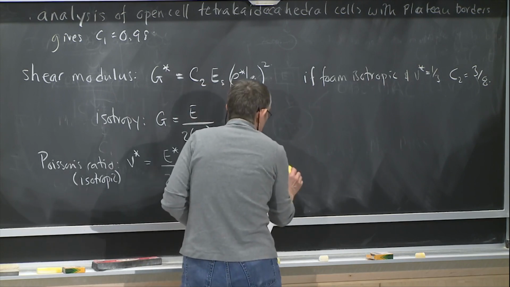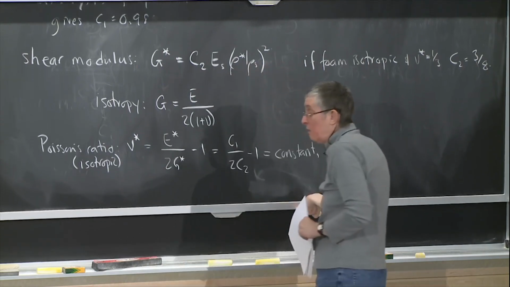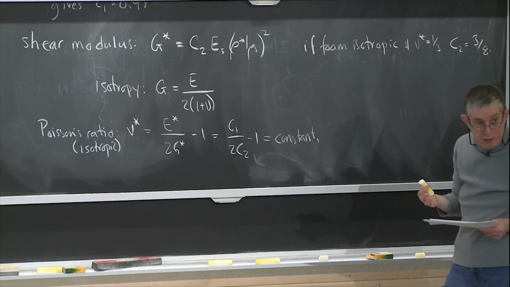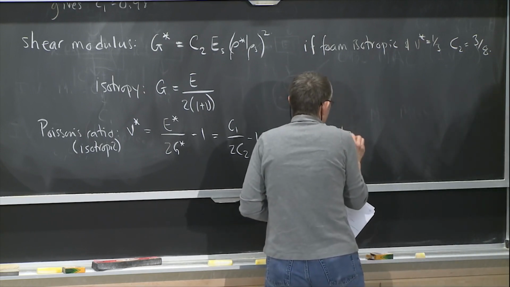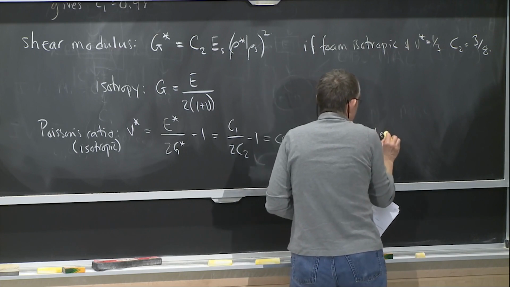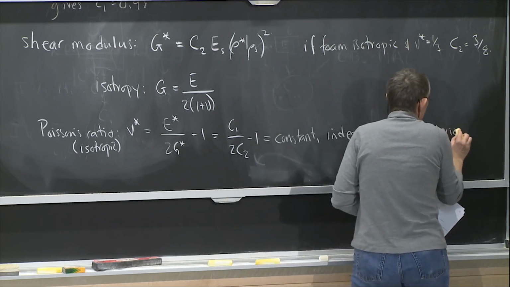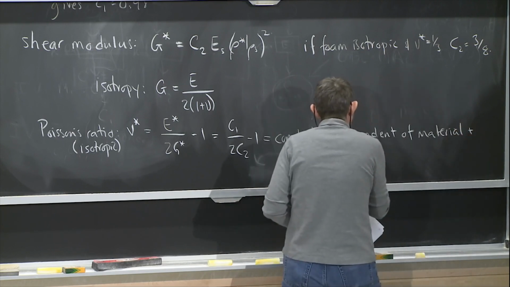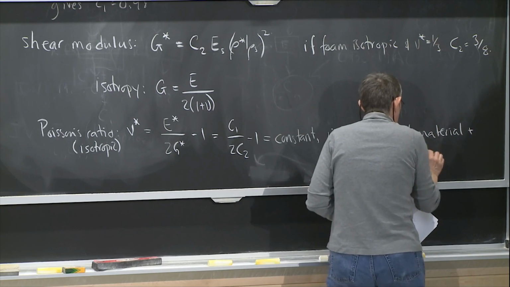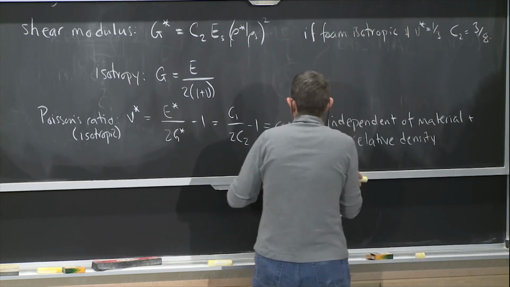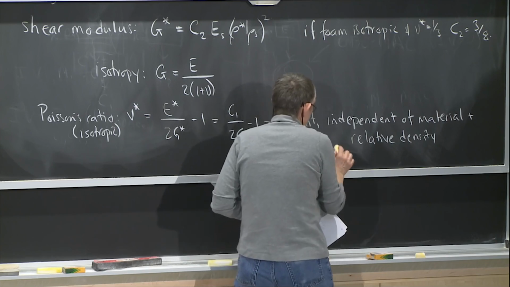That's just going to equal a constant. That constant's going to be independent of whatever material the foam is made from and the relative density. The constant just depends on the cell geometry.